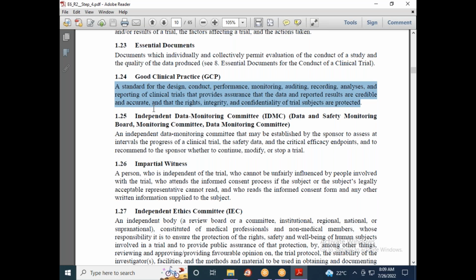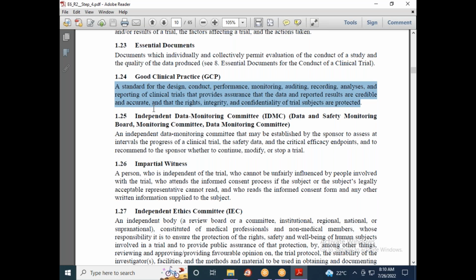This committee will recommend to the sponsor whether to continue, stop, or modify a trial. Suppose I have invented XYZ 500 mg and we are giving the dose to all the subjects. In the middle of the trial, IDMC will verify how the drug is performing, whether all the safety data is okay, and whether all the efficacy critical endpoints are matching, yes or no. They will come and cross check.